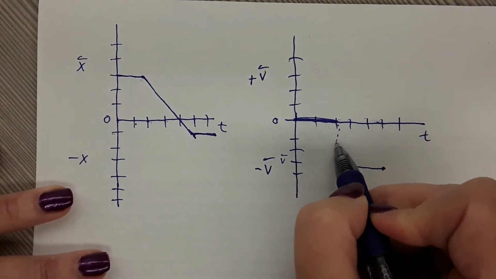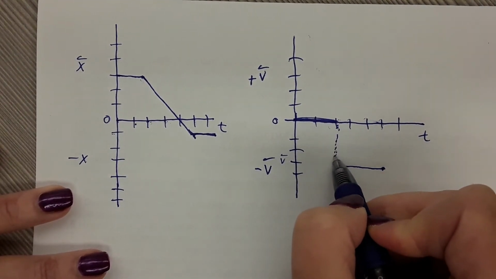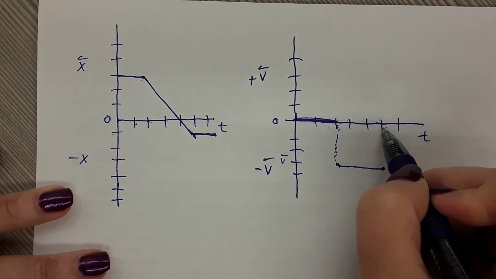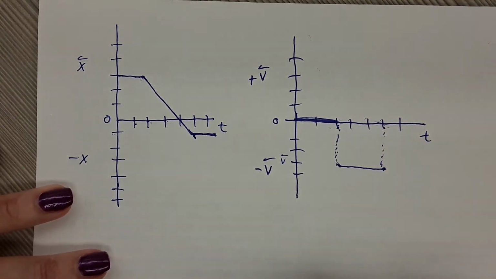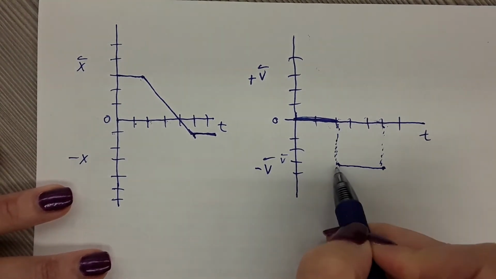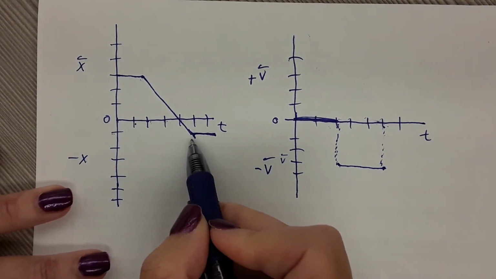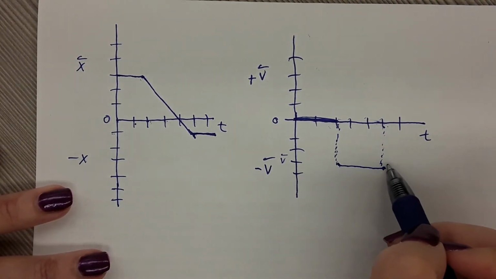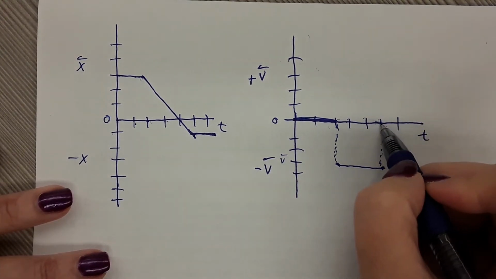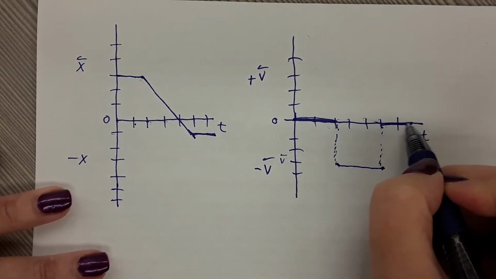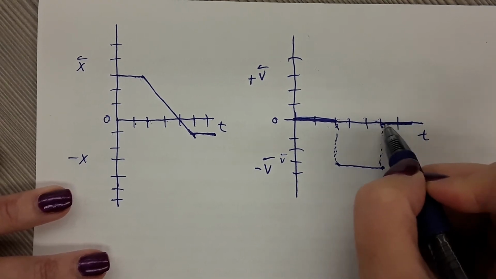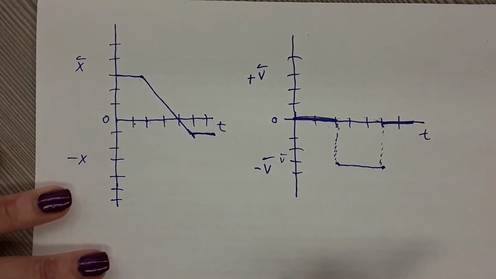Now, sometimes they do this. They draw a straight dotted line down like this to show that it goes from here to here. All right? Then look what happens. We're moving and then we stop. So for this last set of time, we're coming back to the x-axis where the velocity is 0.